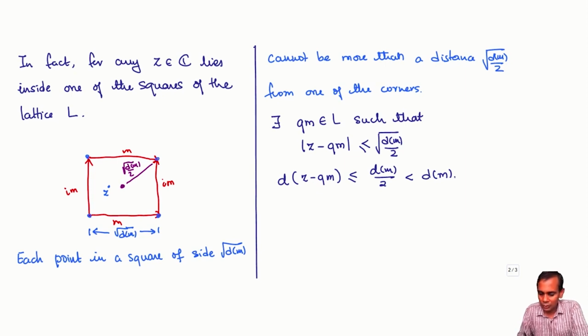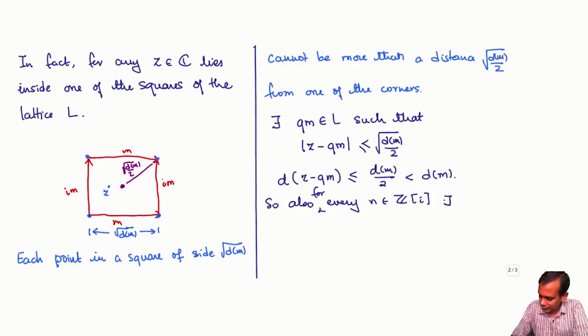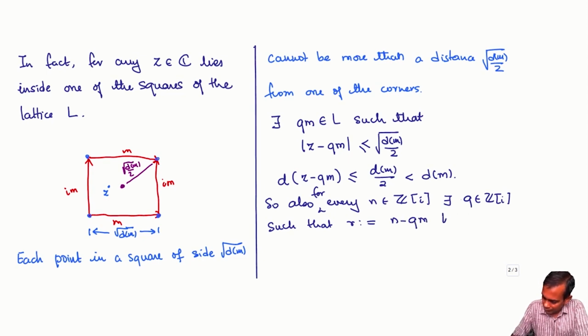So in fact, every complex number is close enough to one of these lattice points. And so for every n in Z[i], there exists q in Z[i] such that r, defined to be n minus qm, has d of r less than d of m.